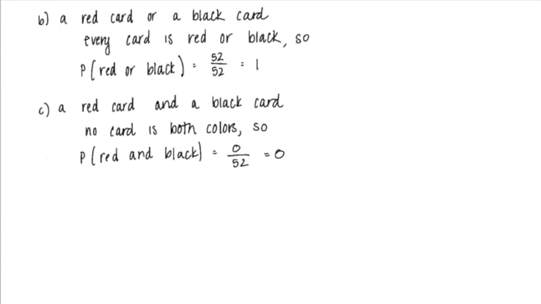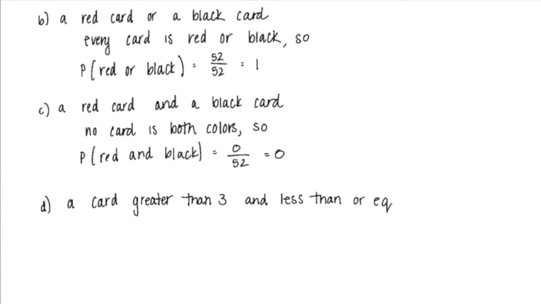And then finally, let's figure out our chance that we draw a card greater than 3 and less than 7. We'll do less than or equal to 7. So I have to be greater than 3. I can't equal it, but I can go up to 7.